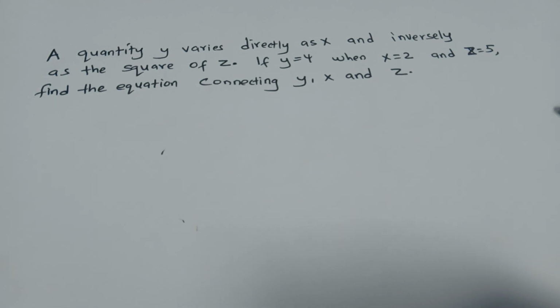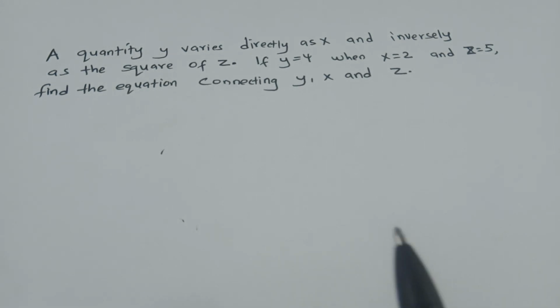So we have a question here. Our question reads: a quantity y varies directly as x and inversely as the square of z. So we need to write first the equation.